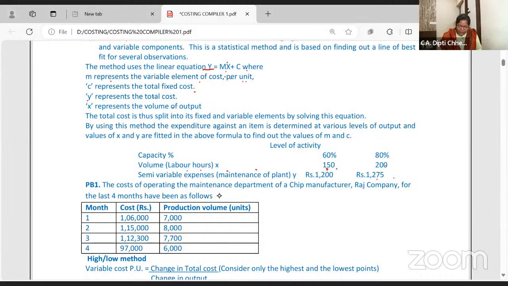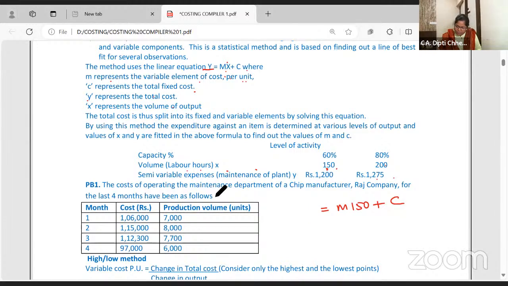Y, I don't know your Y. But we know what M is. M is the variable cost per unit, which I don't know. But at how many labor hours? 150 labor hours. And C is the fixed cost. Right? Okay. And Y we know.